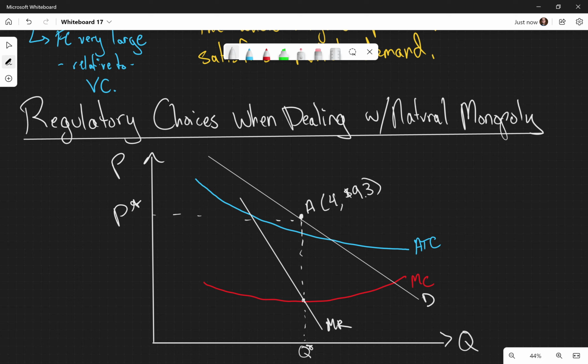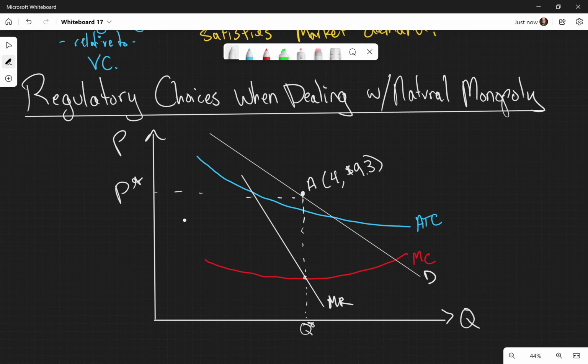They'll produce at A. Now, if antitrust regulators split this company exactly in half, right, then that means that if this is 4, then regulators are going to split it in half. And so they're going to say, well, you guys need to produce 2. And so that's going to be somewhere at this point here where they're going to have 2 and at that same price.